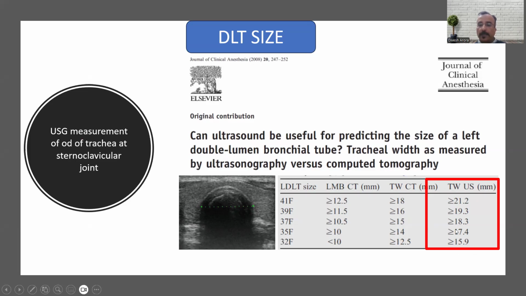For example, if the tracheal diameter is around 15.9 millimeters, the individual is going to take 32 French. If it's around 21.2 millimeters, it would be around 41 French. So this is a quite easy intervention which you can perform. You can have the patient on your OT table, measure the diameters, have a chart with you, and do a good correlation.